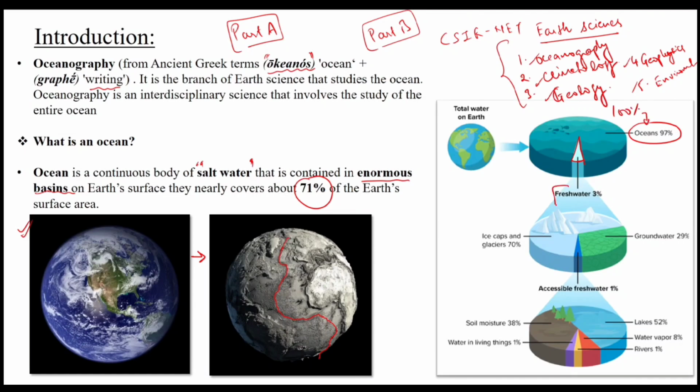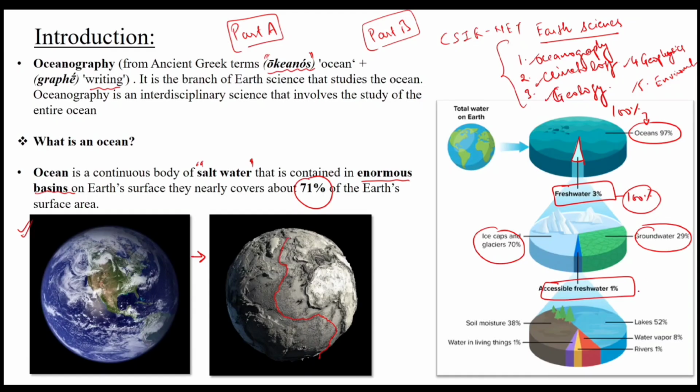The rest 3% is the fresh water. In this 3% fresh water, just take it to be 100%. 70% are ice caps and glaciers. Groundwater is 29%, and the rest is the fresh water 1%.